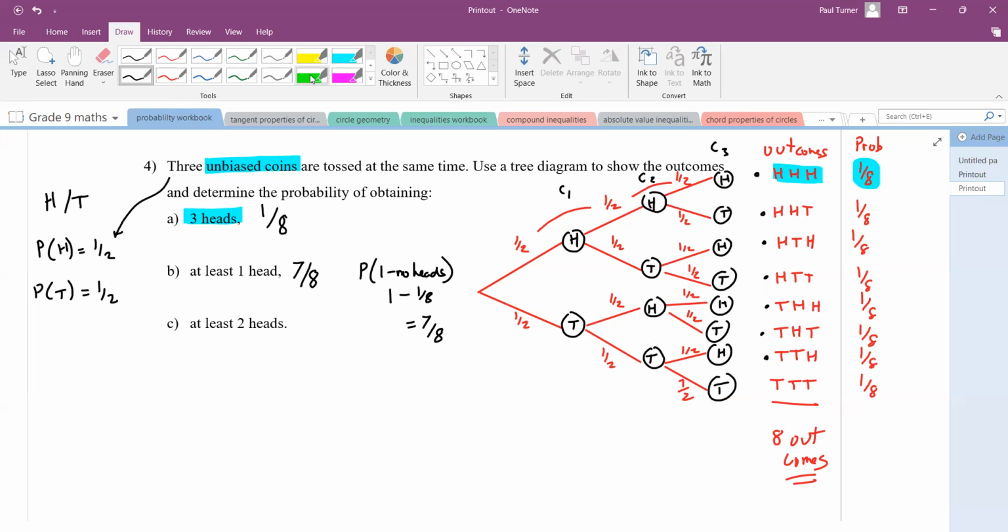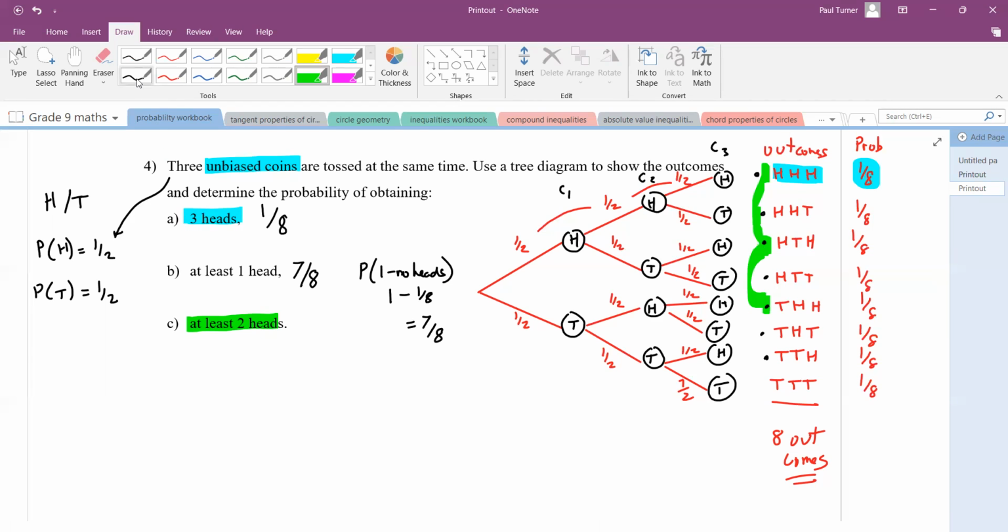Okay, now you want at least 2 heads. So 2 heads minimum. So we have 2 heads, 2 heads, 2 heads. That's 1 head, don't include that. 2 heads, 1 head, 1 head, and no heads. So the ones in green are the ones you want.